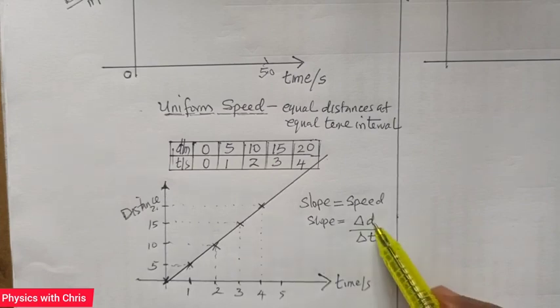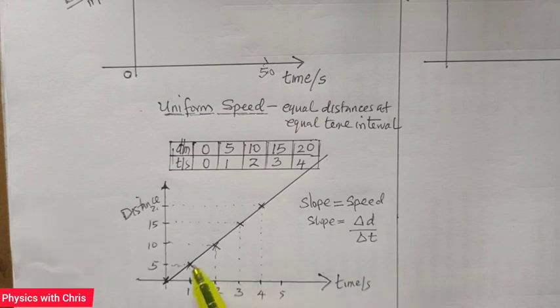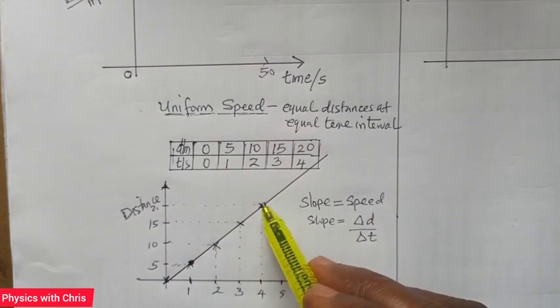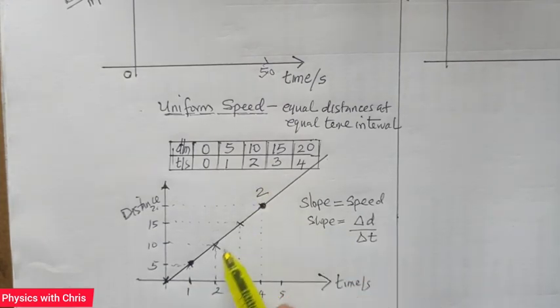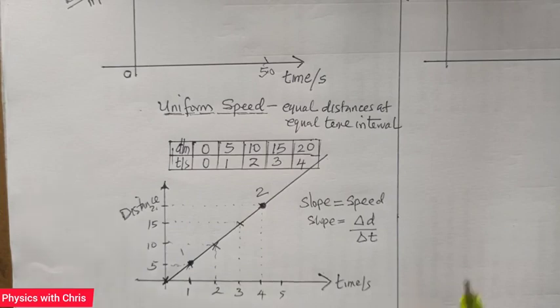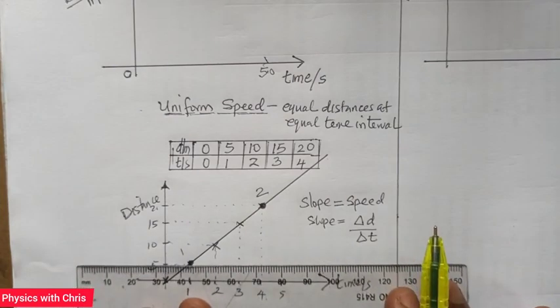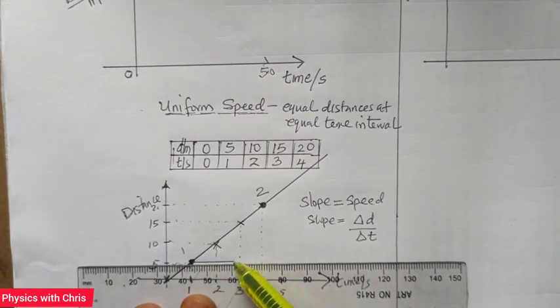And how do I find my change in distance and change in time? I can look out for any 2 points exactly on the graph line, not outside the graph. So if I choose this point, I call it point 2. I choose this lower point, I call it point 1. The next thing to do is to draw a slope triangle. The slope triangle is a right angle triangle.